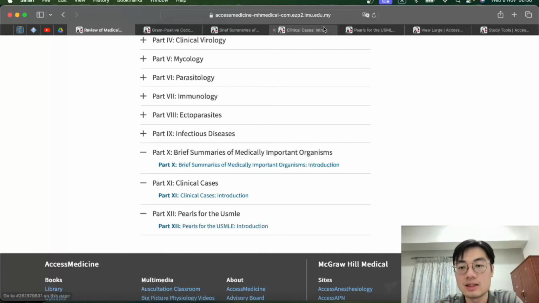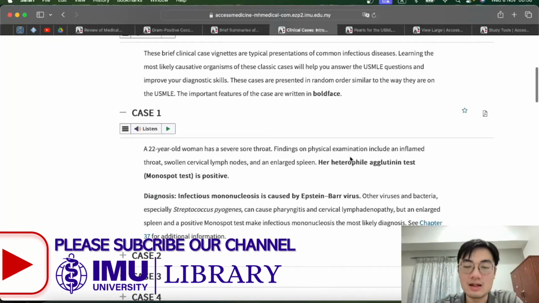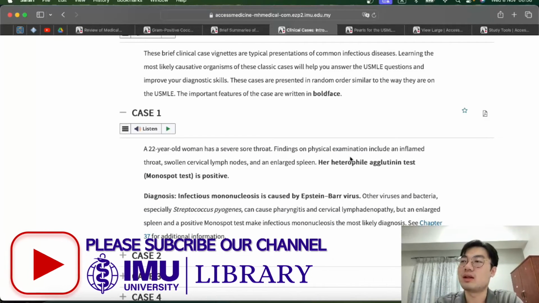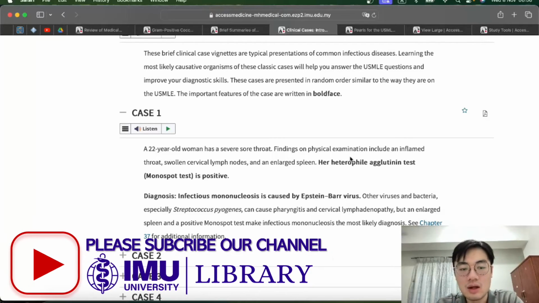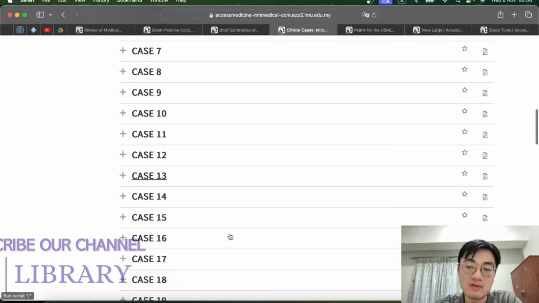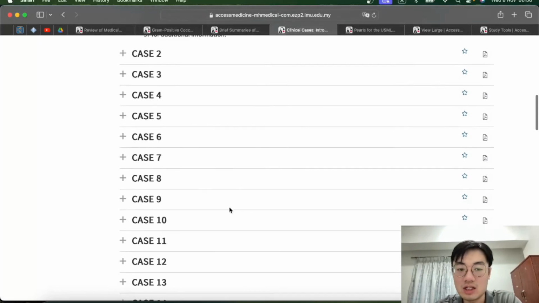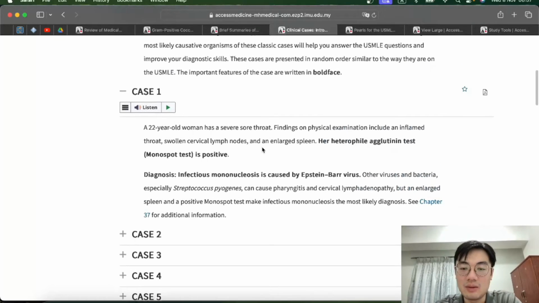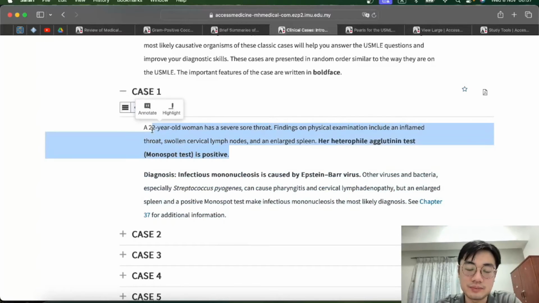So when you click on this, it will bring you to this page here, and it's really useful for big exam preparations, because they usually use clinical cases and want us to identify microorganisms from those cases. So they actually have quite a few cases for you here to test out your knowledge on each microorganism. They also give you the answer here, and then this is the cases.